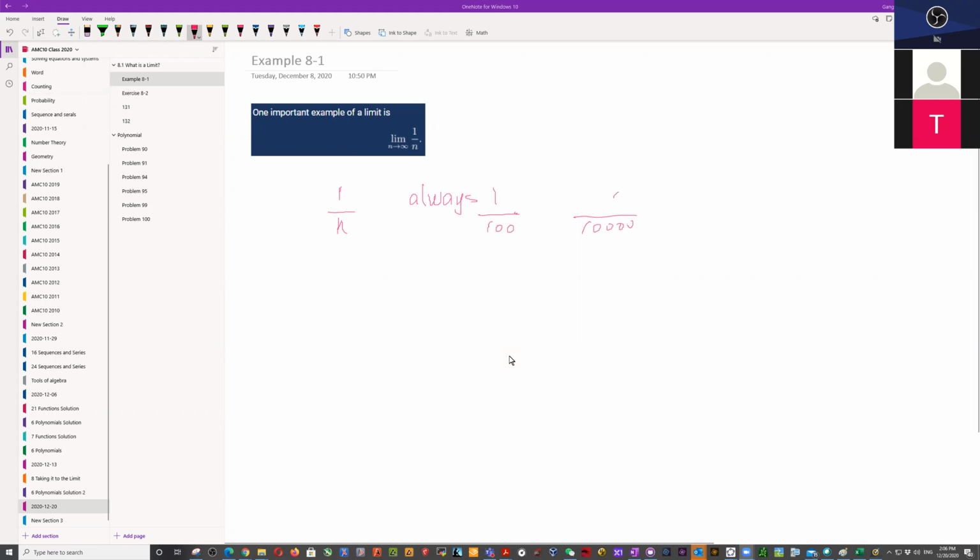So basically, when we are dealing with a limit, we are looking at the trend. Because the numerator is fixed, that's always 1, and the denominator you can make bigger, like 100, 10,000, how about 1 million? You will see that it gets smaller and smaller.